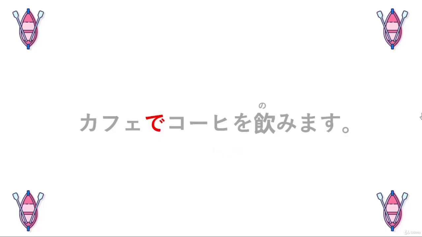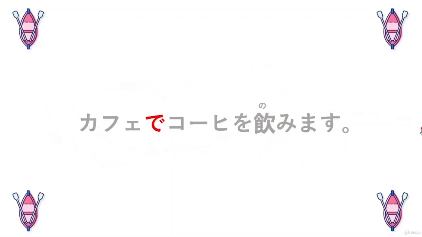But let's start off talking about de as a location particle. カフェでコーヒーを飲みます。Okay, カフェで in the coffee shop or at the coffee shop. Yes? Cafe or coffee shop. コーヒー coffee. 飲みます will drink. So I will drink coffee. Where will I drink it? I will drink it at the coffee shop.